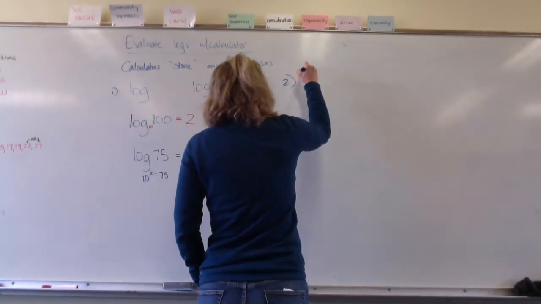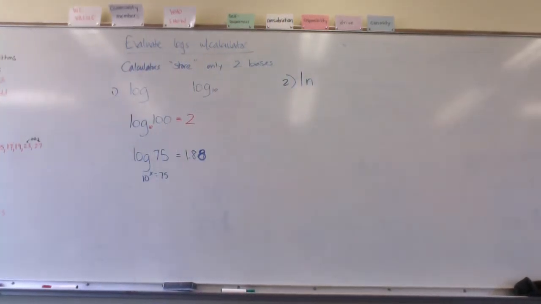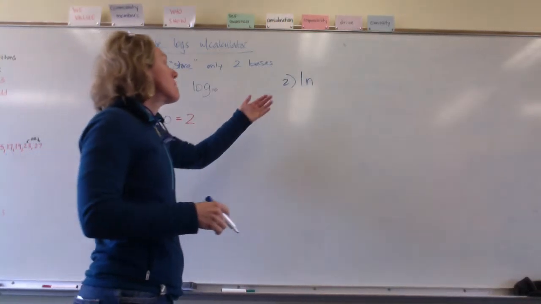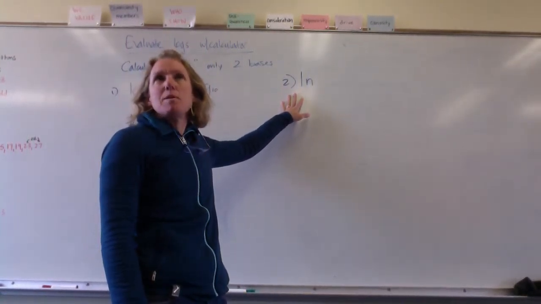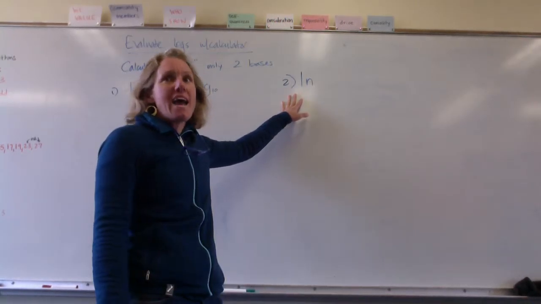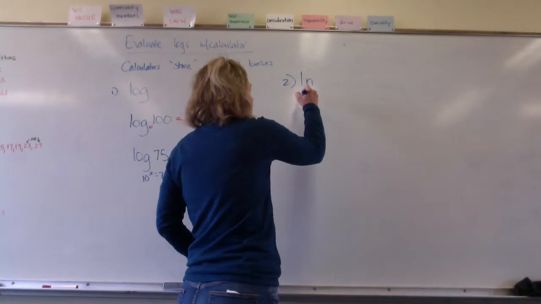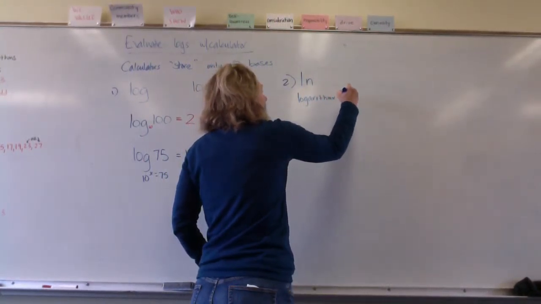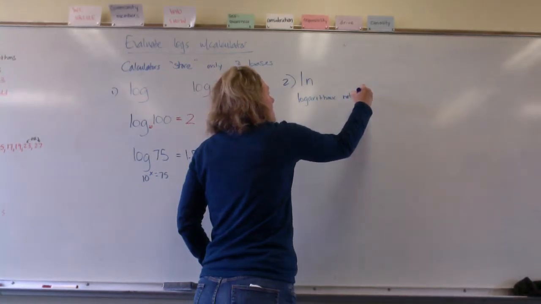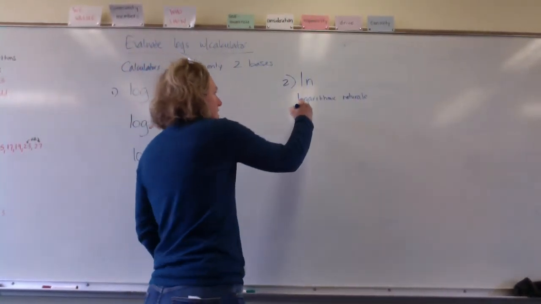The other one is ln, and you guys are going to love this because it's French. People always say "in." It is not an I, it's a lowercase l and a lowercase n, and it stands for logarithmic natural. It's the natural log.